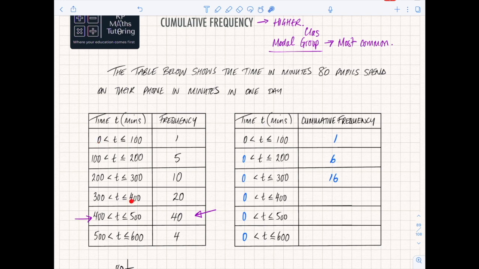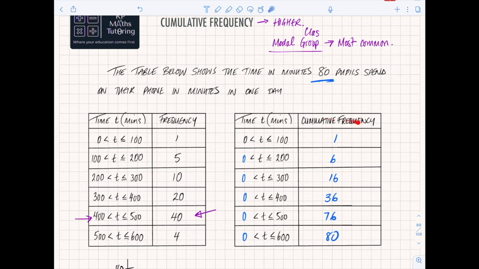So from here to here, I'm then adding on another 20 to what I've already got there, which gives me 36. 0 to 500 means I'm going from here all the way up to here. So I need to add on another 40 to that, which gives me 76. And then the last one, from 0 to 600, it's from there to there, which is everyone in the table, and that should end up giving you whatever the total is up there, which it does, so I know I'm right.